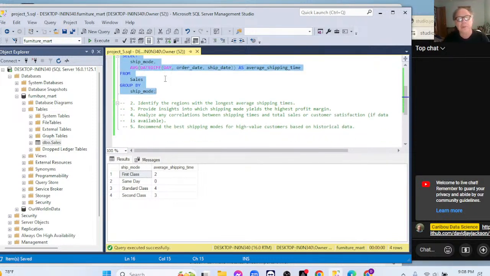Identify the regions with the largest average shipping time. You know, that would almost be similar to this, because this gives us, you know, that would almost be this, except we switch.